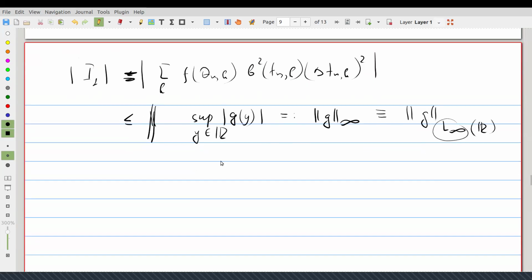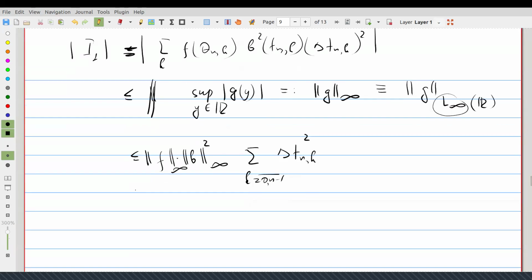I will just put infinity here. So it is less than, since f is bounded, I'm sorry, b is bounded, and the sum has just the sum over all k of delta t n k squared.